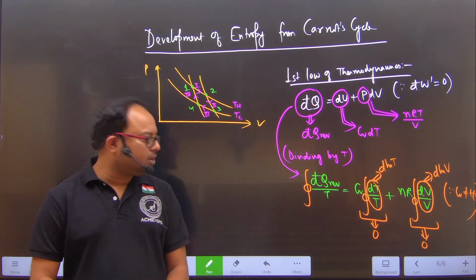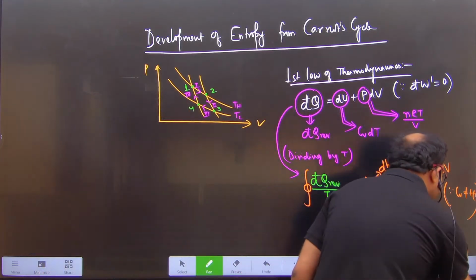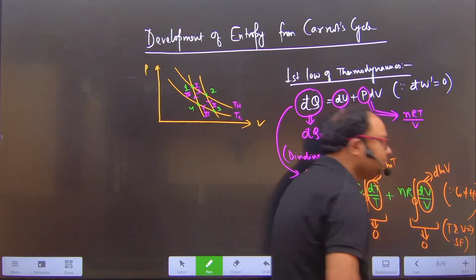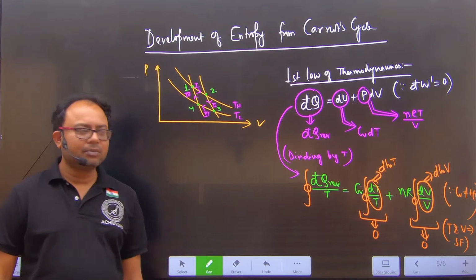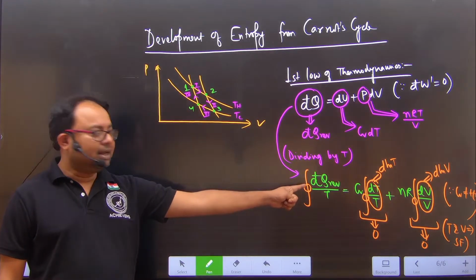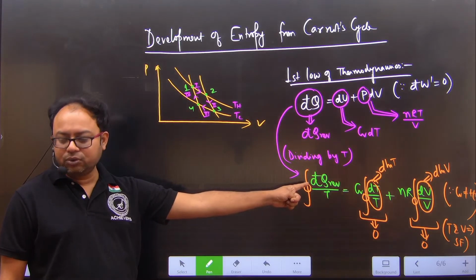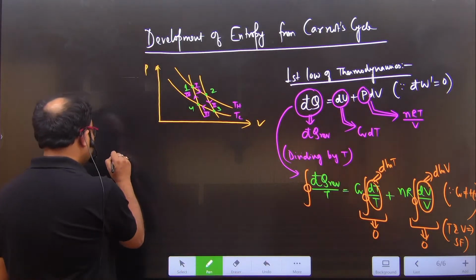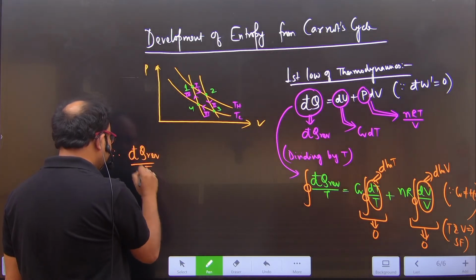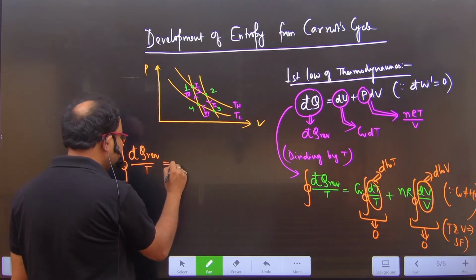Why is it happening so? It is happening because T and V are state functions. So, naturally, the right hand side is reduced to 0. Therefore, you have got d cut q reversible by T integrated over the entire cycle is equal to 0.